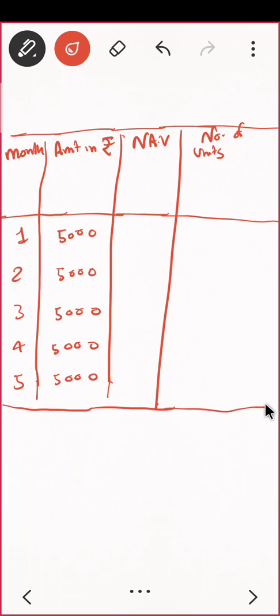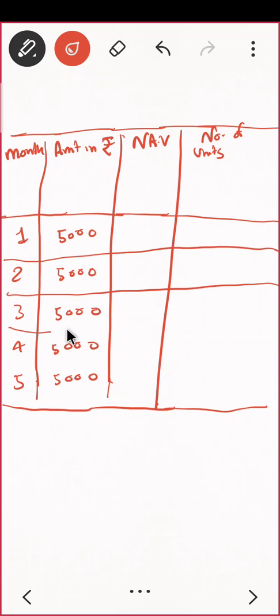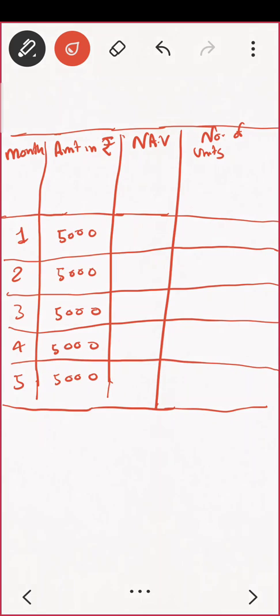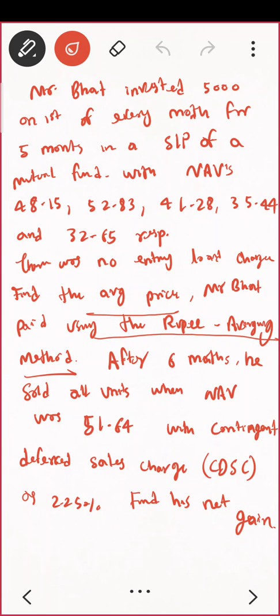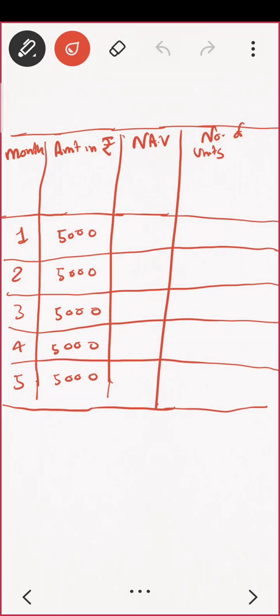And you are also given the NAV for each month: 48.15, 52.83, 41.28, 35.44, and the last is 32.65.